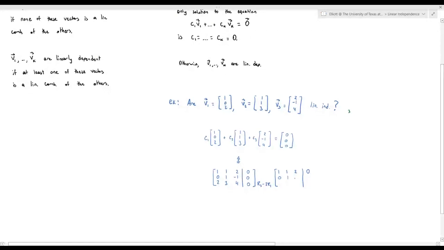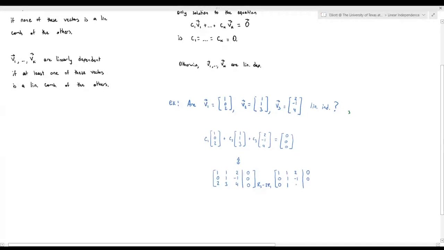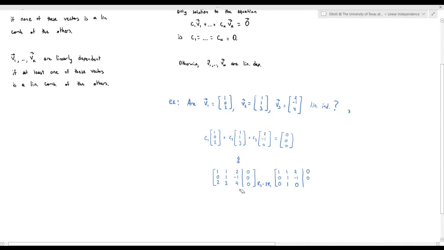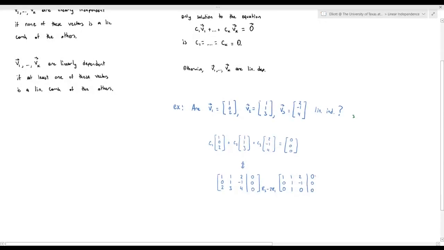So let's see here, copy down row 2, and then this is now a 0. And then doing row 3 minus 2 of row 1: 3 minus 2 is 1, 4 minus 4 is 0, and on the right-hand side it's always 0, so 0 minus 0 will be 0.